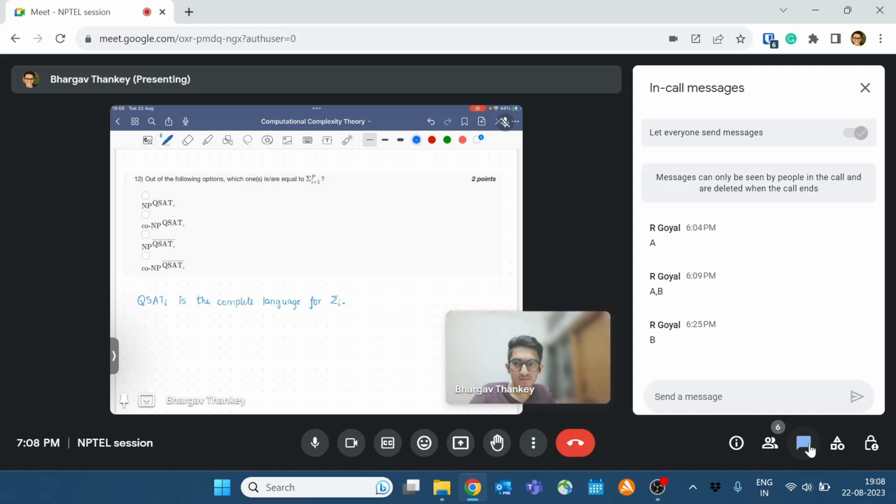Okay, all right. So for NP and then for coNP. Since this is the complete language for sigma i, and here we have been given sigma i plus 1, we have been given an extra there exists, and because of this extra quantifier, it will become coNP Q set, not sure.